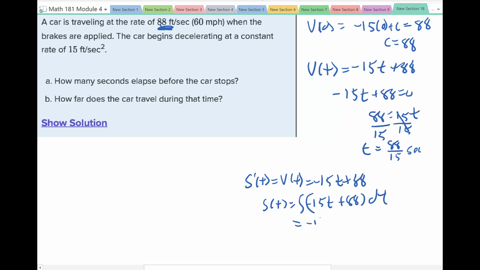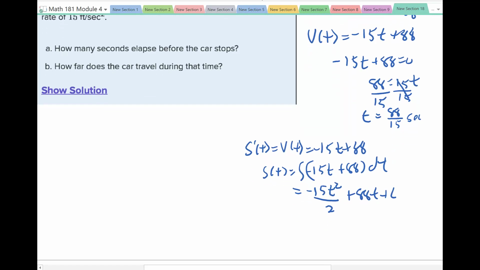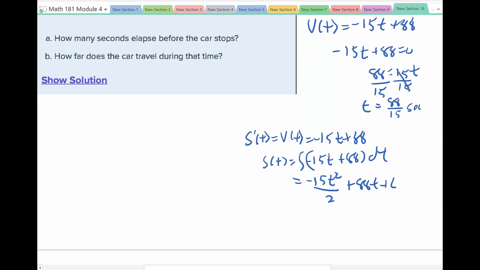So that's going to be negative 15t squared over 2 plus 88t plus some constant c. And for this, our initial position is 0, so this is a little bit trivial, but 0 equals negative 15t squared over 2 plus 88t plus c.